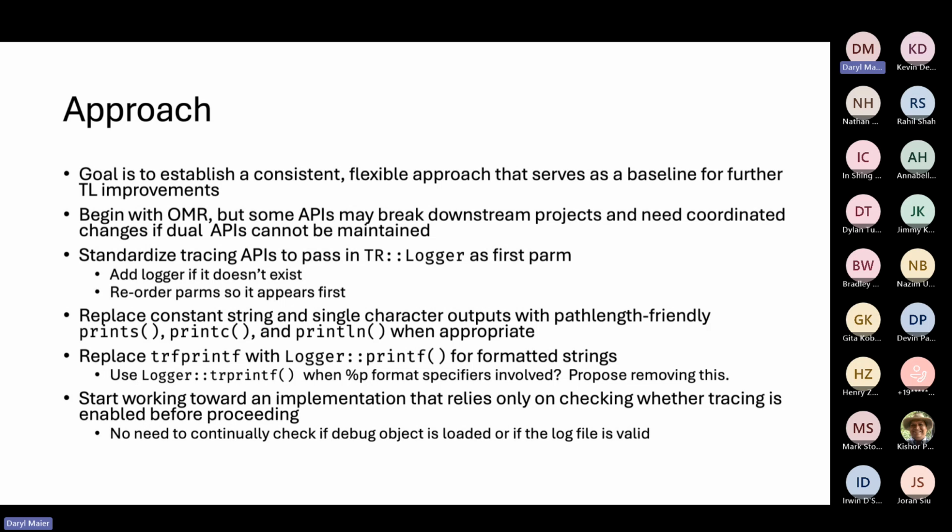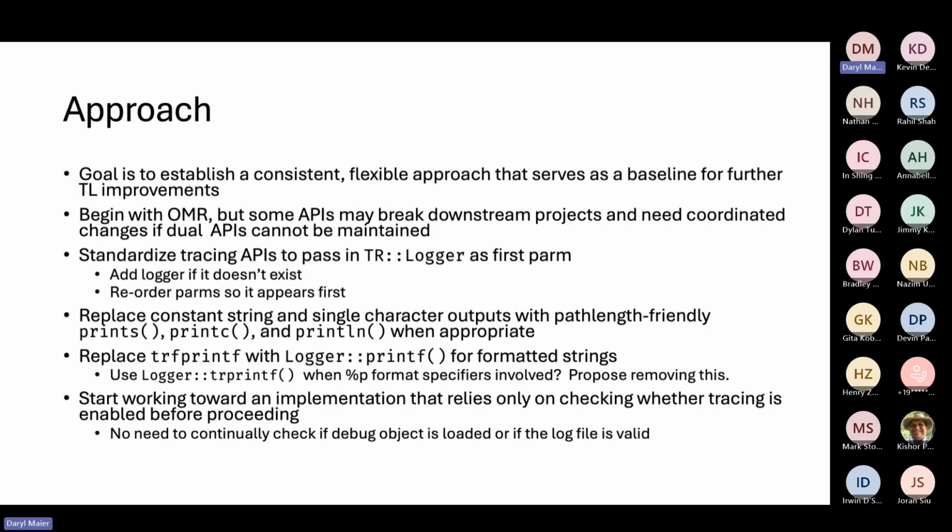And once we're there, we can start to do some of the further tracing and logging improvements. But it's really just making things a lot more consistent than they currently are, and giving us the baseline, the foundation that we can use to start building more things on top of this.